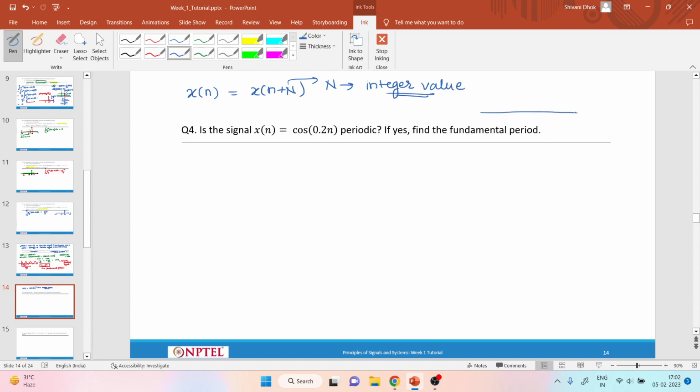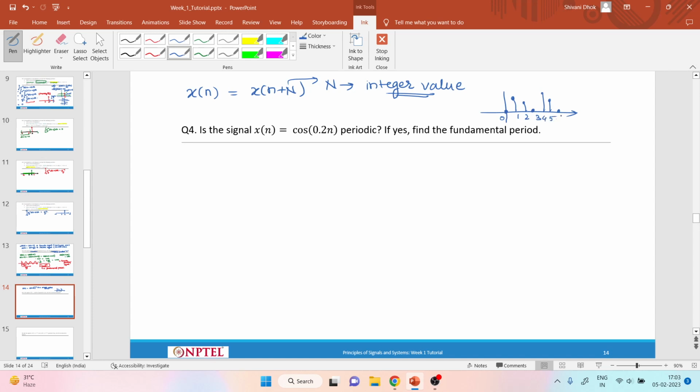Like if I'm having this function which is going something like this, we can see that this is 0, 1, 2, 3. The third sample is the same as the 0th sample.